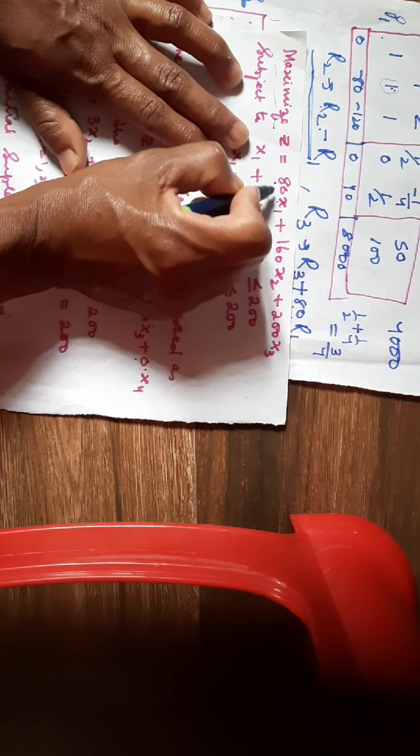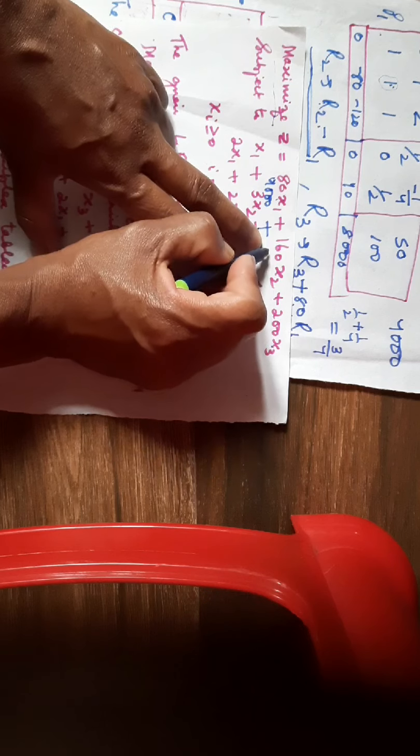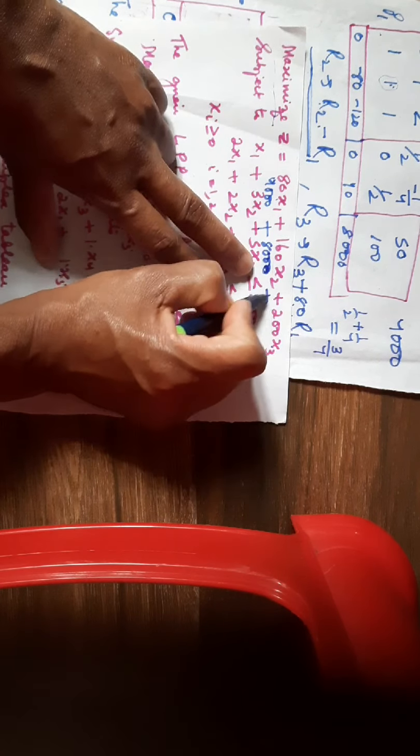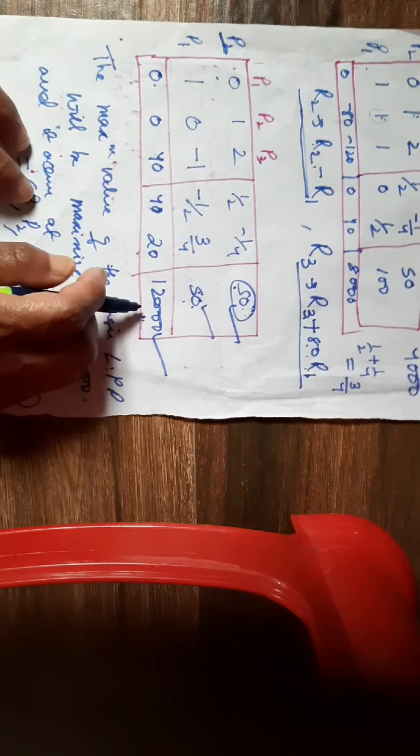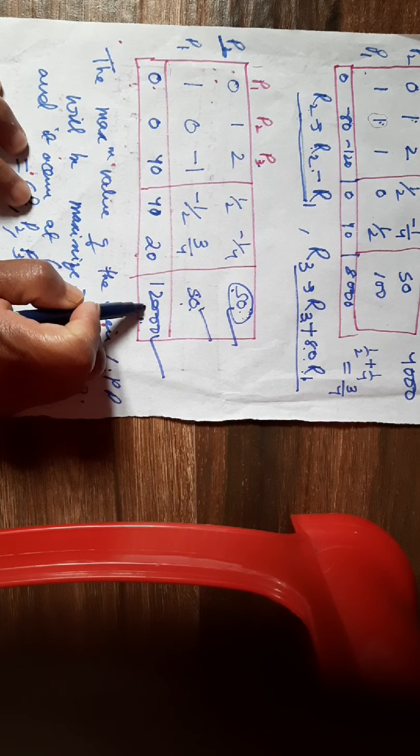So 80 into 50 will become 4,000, plus 160 into 50, that is X2 equal to 50, this one will give you 8,000. Plus this one 200 into X3, that is 0, so it will be 0. So 4,000 plus 8,000 gives you 12,000, which is exactly the value given in the final simplex table.